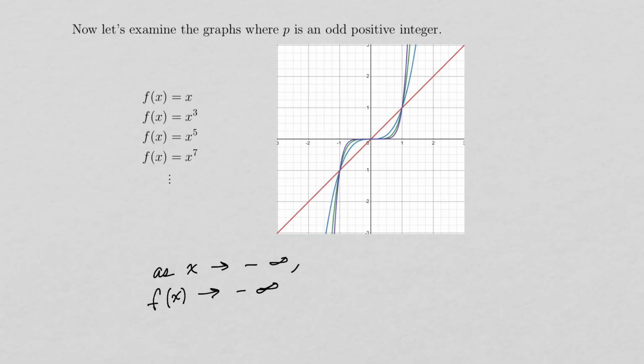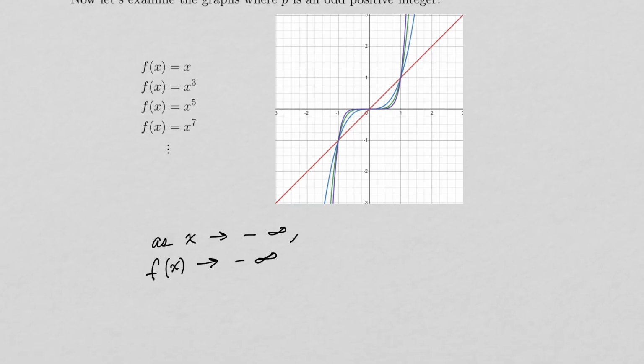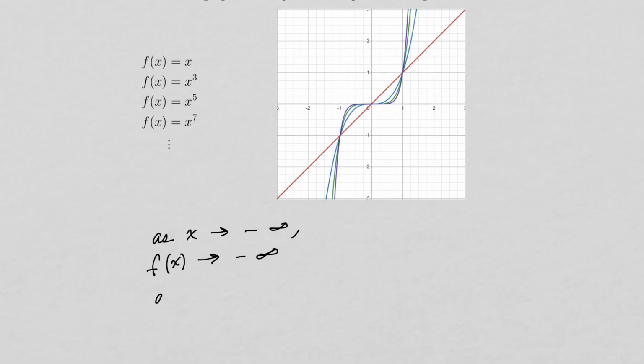And then as x gets really, really large, as x goes to positive infinity, what's happening with the function? Well, it's also going to positive infinity. That would be the long range or end behavior of these power functions where the exponent is an odd positive integer.